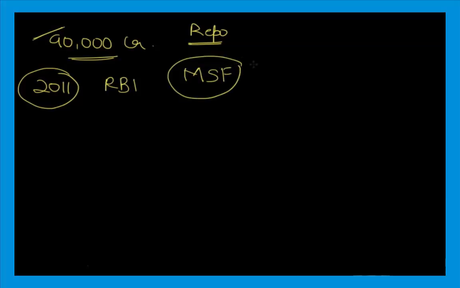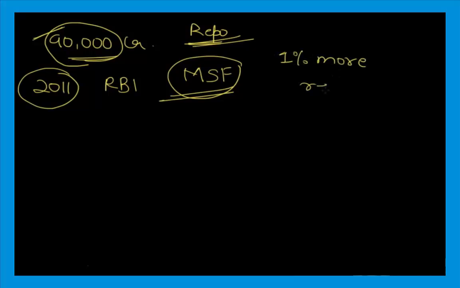Now what is the marginal standing facility? Over and above the 90,000 crore rupees that the RBI is willing to give under the repo, if banks want to borrow more money, they can borrow it overnight from the RBI under the marginal standing facility window. But they'll have to pay 1% more over and above the repo rate.